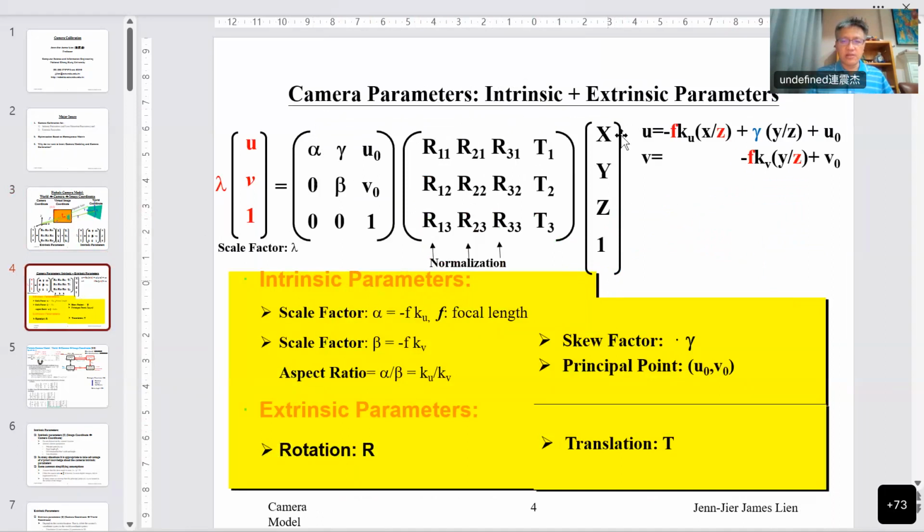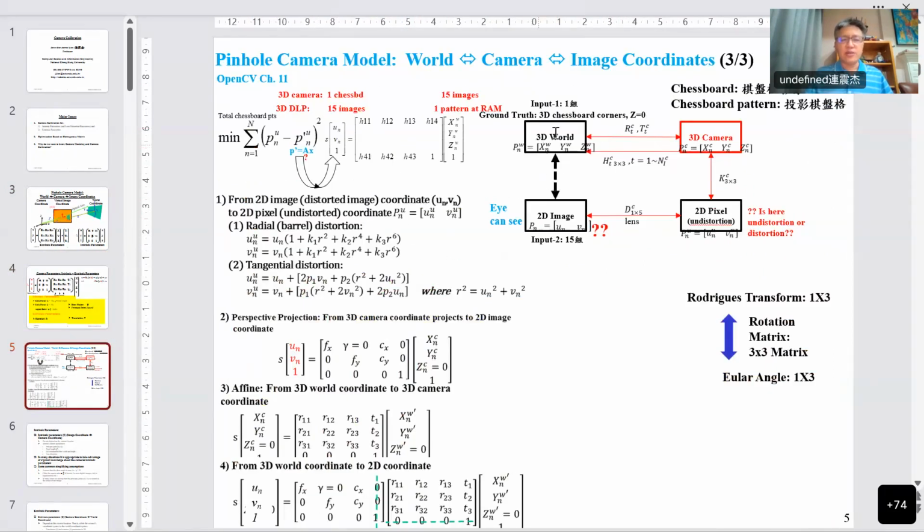So this is the world, and after the extrinsic parameters it becomes the camera coordinate, small x, y, z, and then the projection onto the image plane. So I drew this one. The world and the camera have a rotation and translation. From the camera, we apply the intrinsic parameters and do the projection, and this is projected onto the camera sensor.